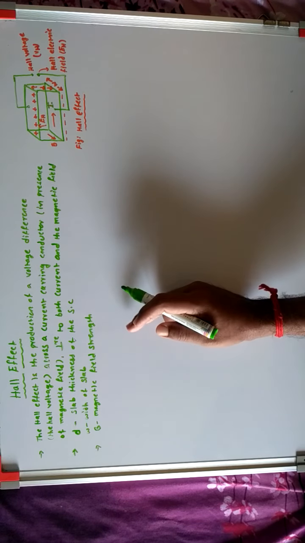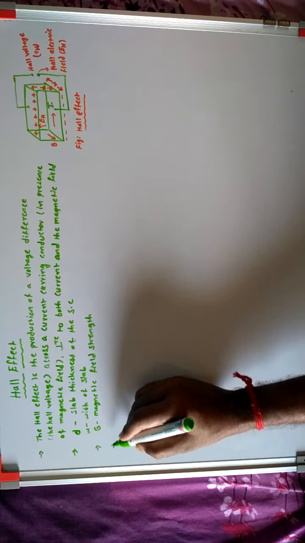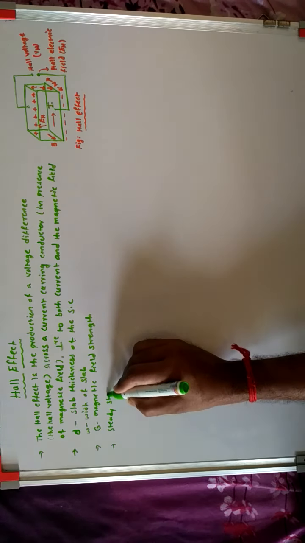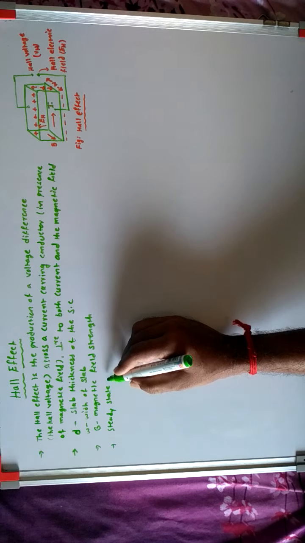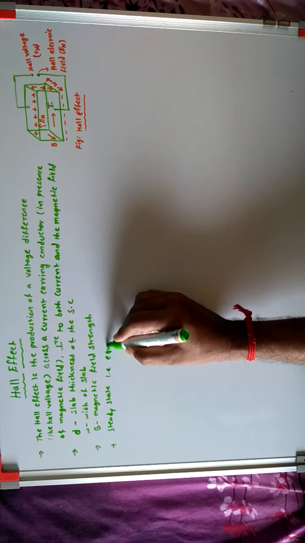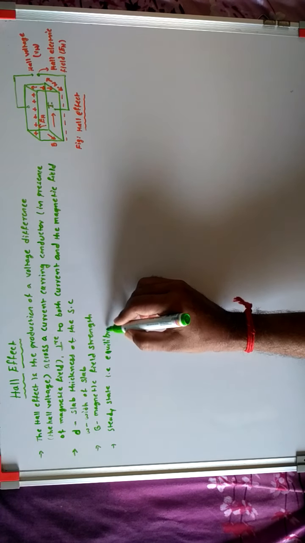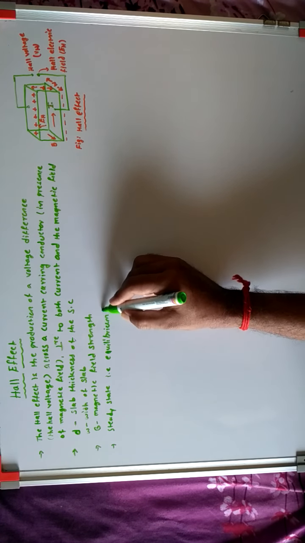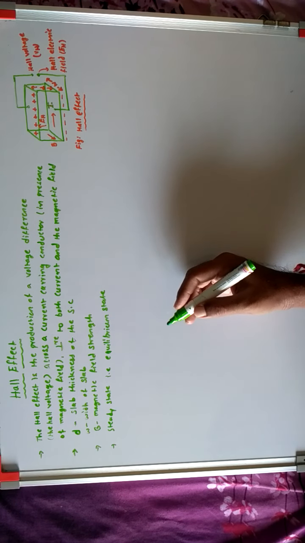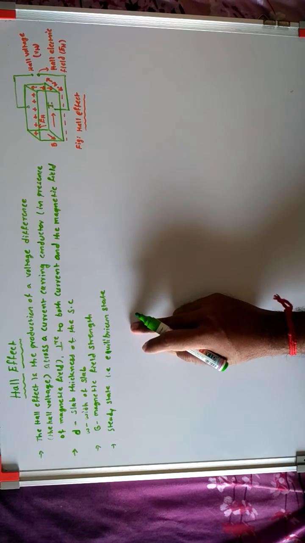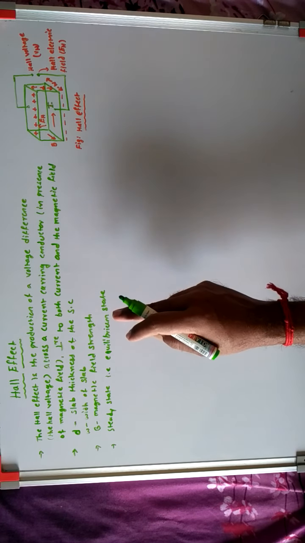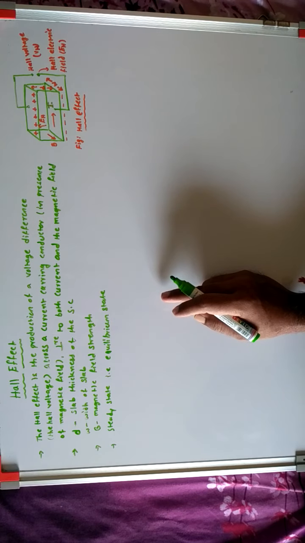At steady state, that is the equilibrium state, both the forces balance each other. The electrons can move freely to constitute an electric current.